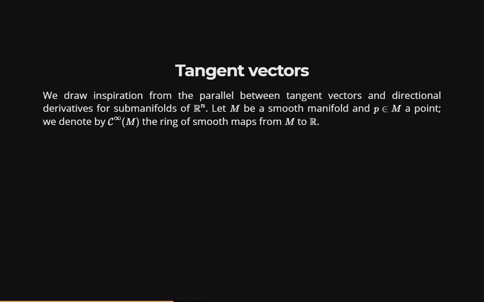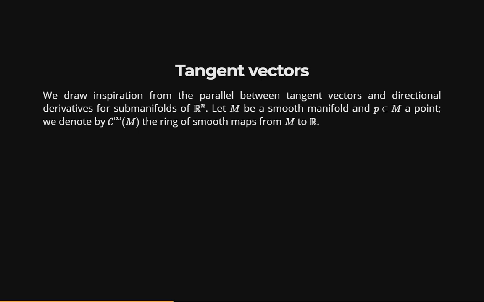If you remember, that was our starting point. We said, what does it mean to differentiate something along the manifold? We take a curve inside the manifold that goes through our point, we compose f with the curve, and we take the derivative at the point.